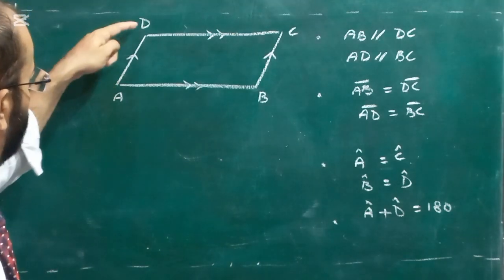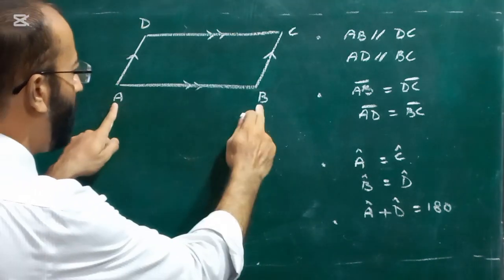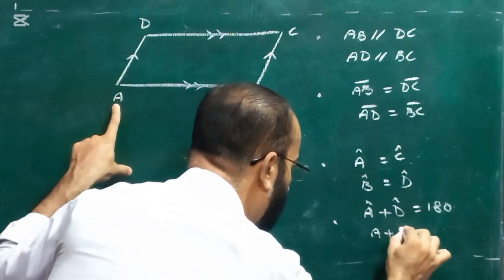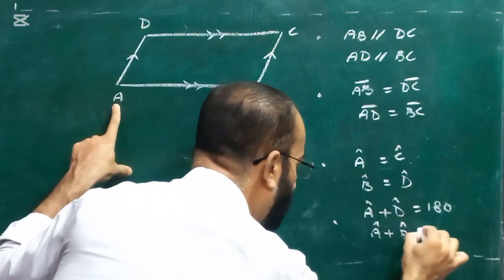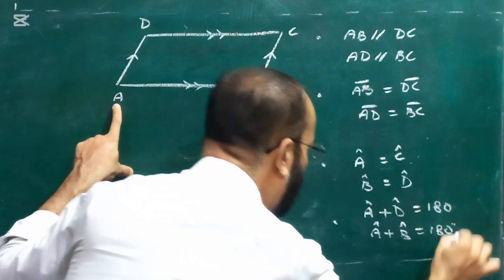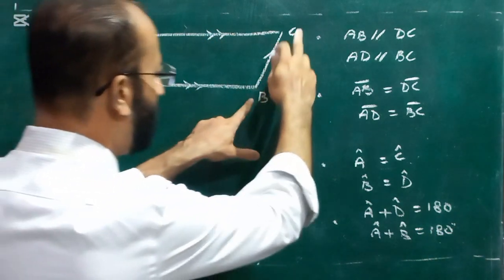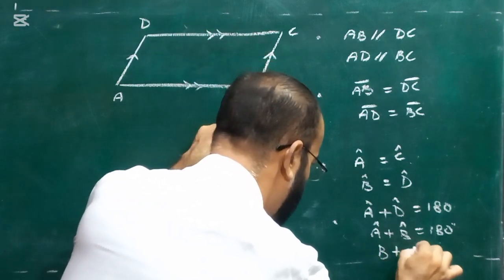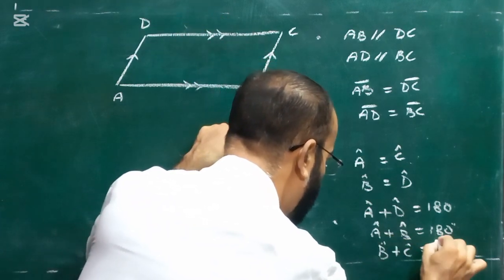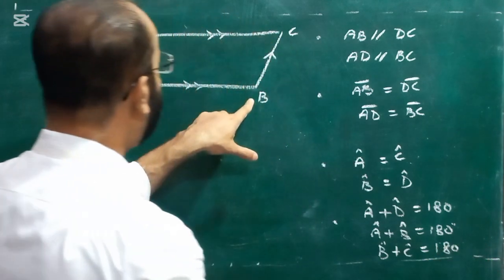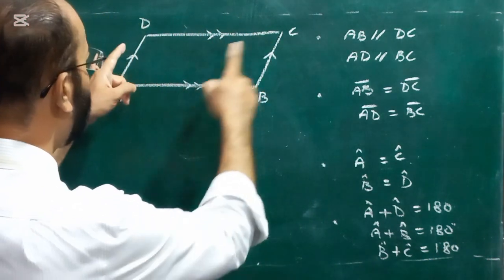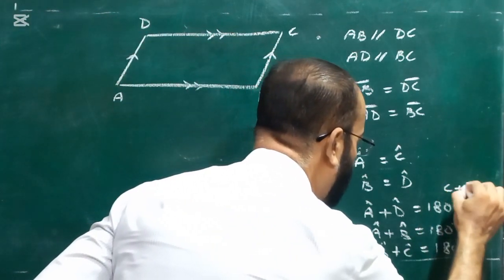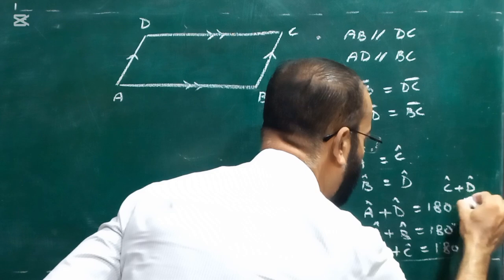So if A plus D makes 180 degrees, A plus B also makes 180 degrees. Likewise, B plus C makes 180 degrees, and also C plus D makes 180 degrees.